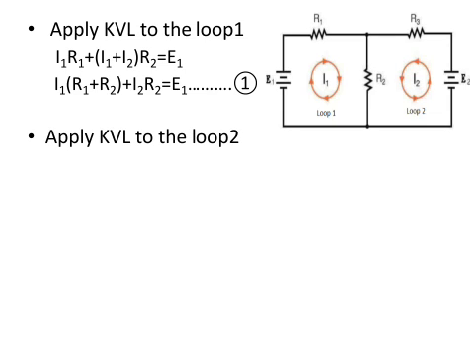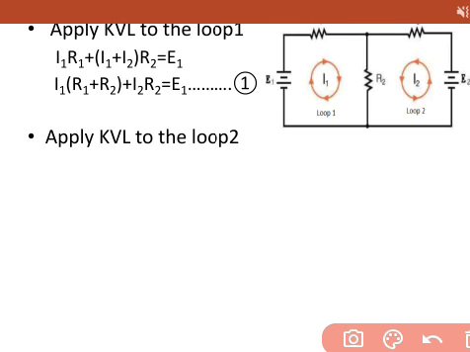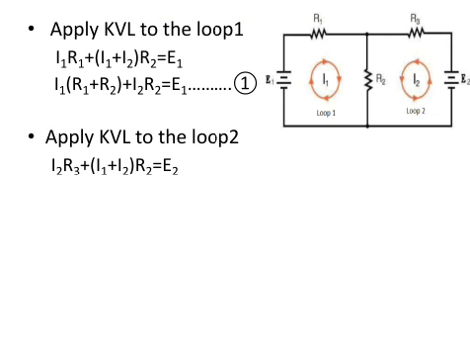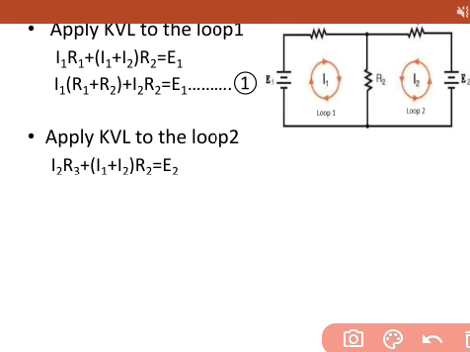Apply KVL to loop 2. I am starting from this point. I2 into R3, plus (I1 plus I2) into R2, that means the current I1 is flowing in the mesh, loop 1, along with the direction of I2.